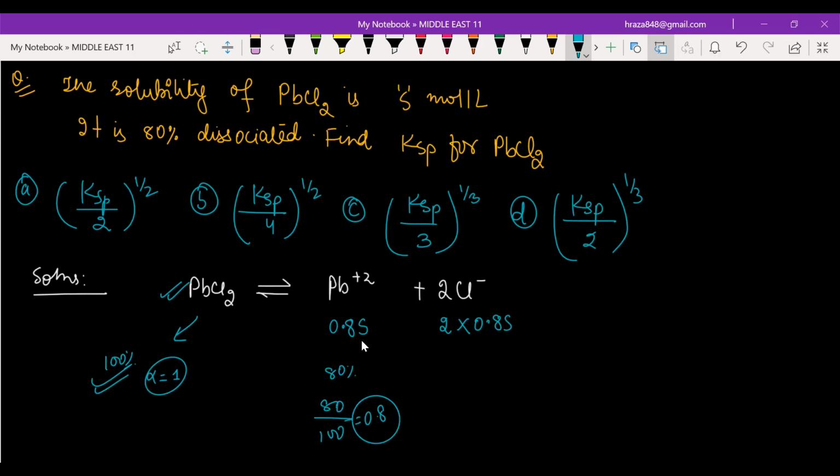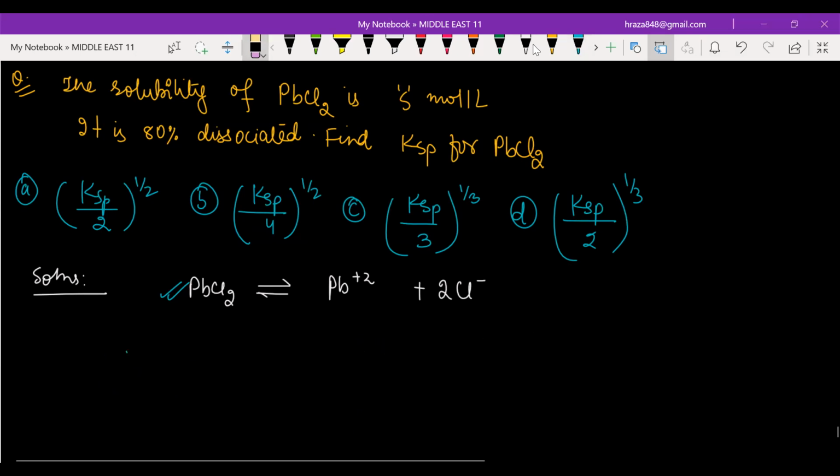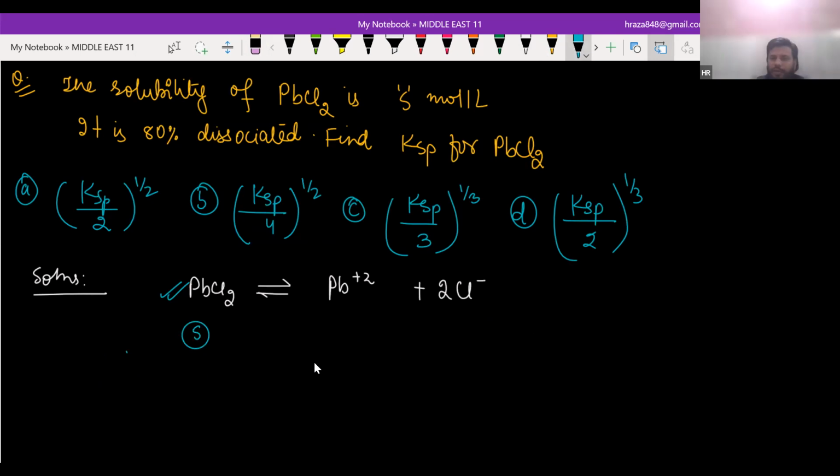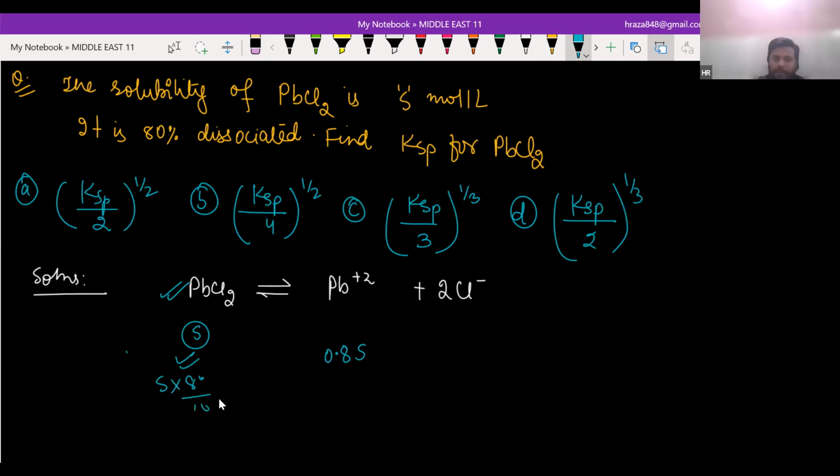The solubility we take as S. Initially this is S. After dissociation, 80% of this will be S into 80 by 100, so it will be 0.8 S.